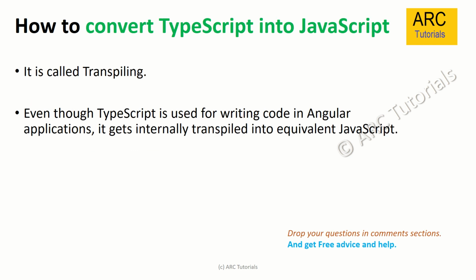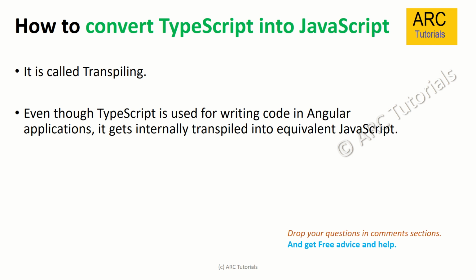Now, how do you convert TypeScript code into JavaScript? This is yet another important question that is asked. Since all Angular applications are written in TypeScript, how does it convert to JavaScript? There is a word called transpiling. Like how we have compiling, similarly we have something called transpiling.